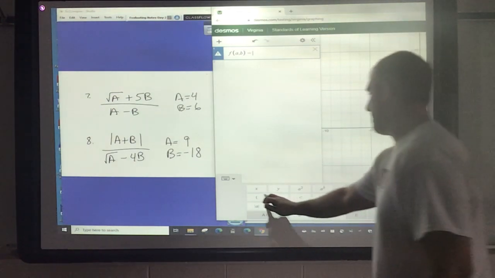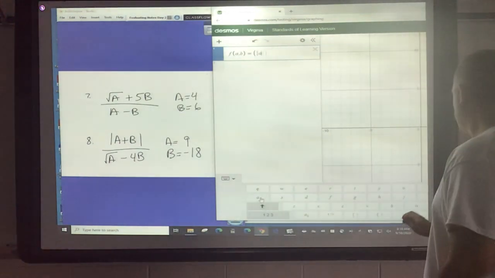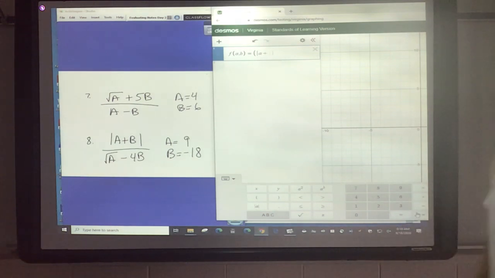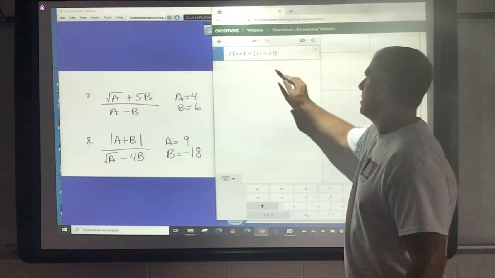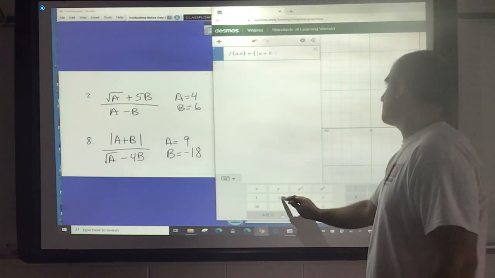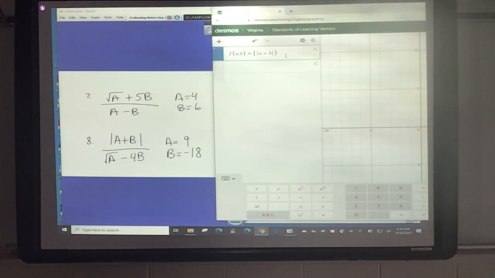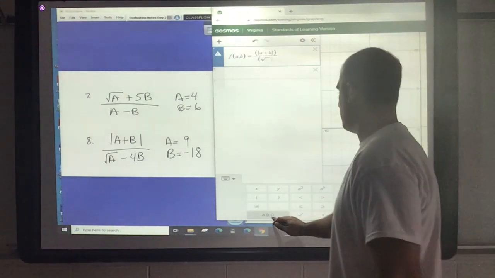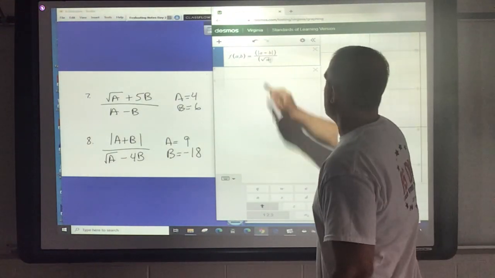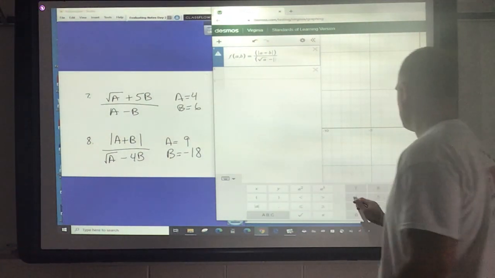So I want to put a parentheses, then absolute value, A plus B. And then I'm going to close the parentheses around it, divided by, so it drops down, parentheses, square root of A, and I'm going to click right outside of that, minus 4B.